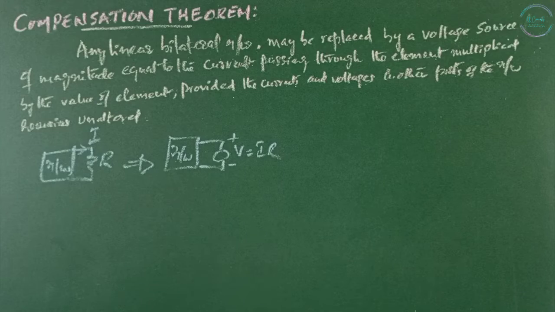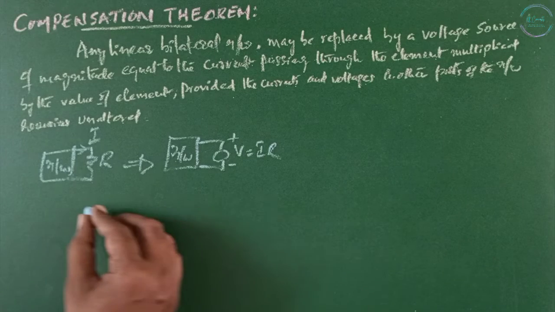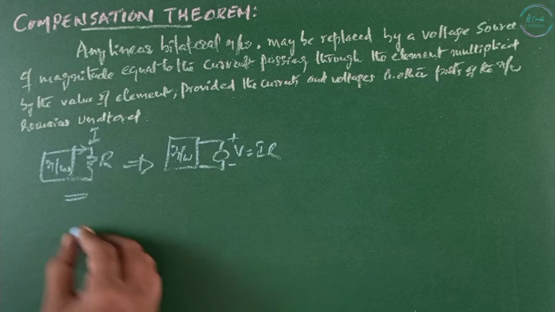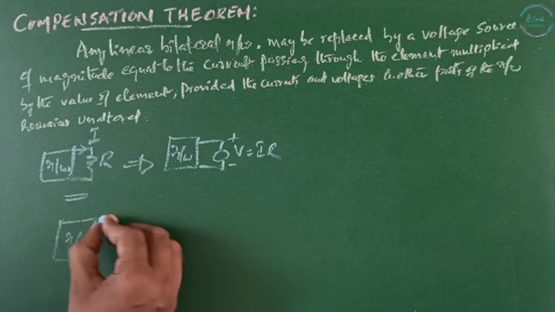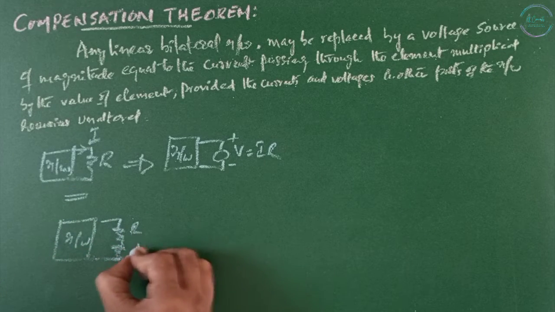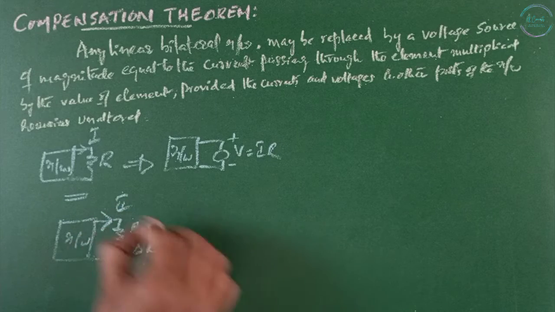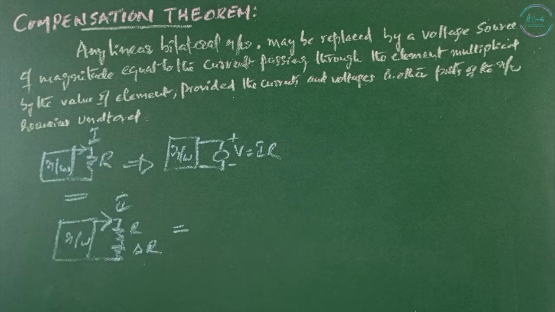This theorem is also useful in finding the changes in the currents or voltages when the value of a resistance is changed in the circuit. Let us consider this network. This resistance R is changed by delta R, with current I flowing through it. This change in the resistance causes a change in the current in all the branches.